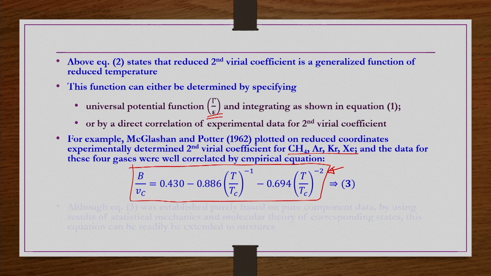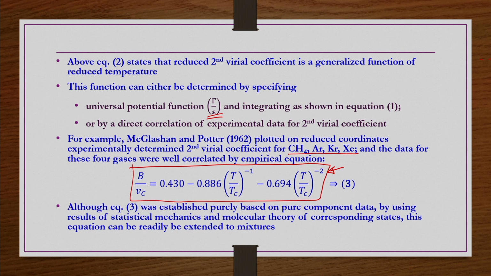Obviously it is established for pure components, because they have taken these 4 components as pure components. However, by using the results of statistical mechanics and the molecular theory of corresponding states, this can also be extended to mixtures by using appropriate Tc and Vc for mixtures.